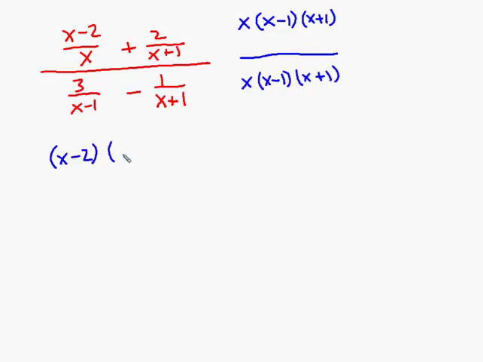I don't know if I want it to go that far. I think I don't want the x. Let's see here. The x canceled, and that x doesn't. Well, let's just see what happens.